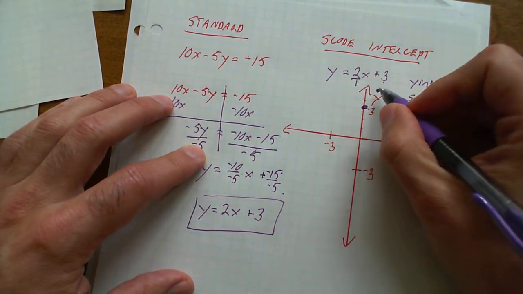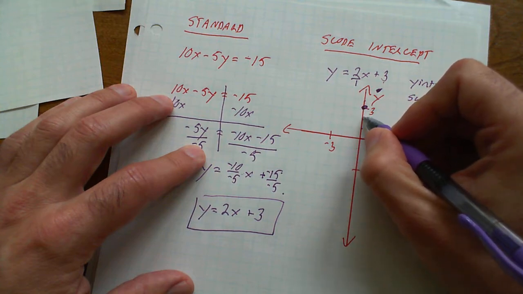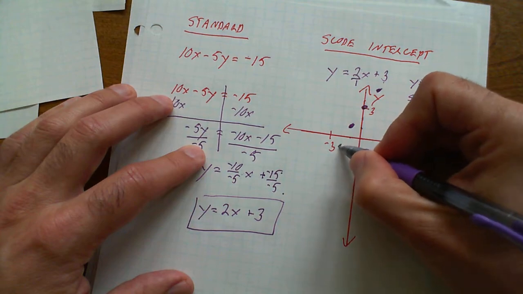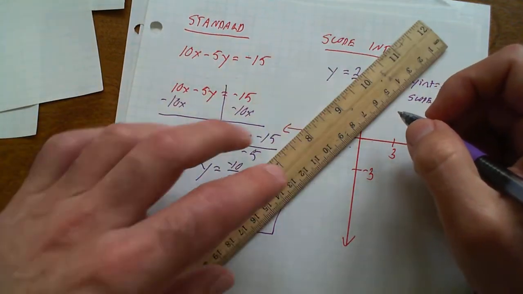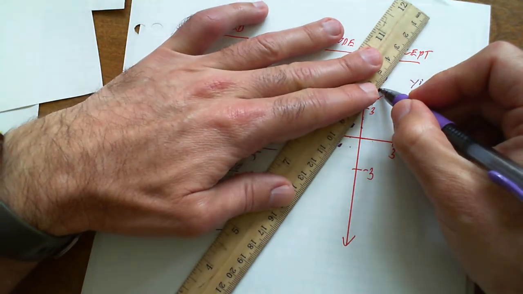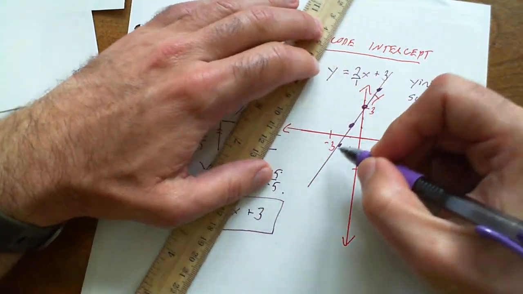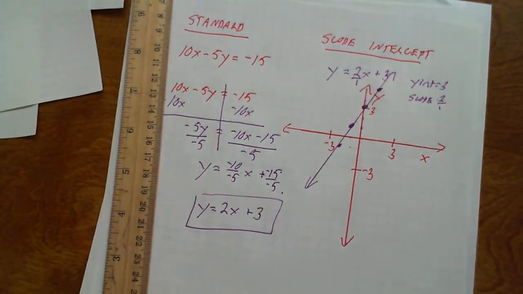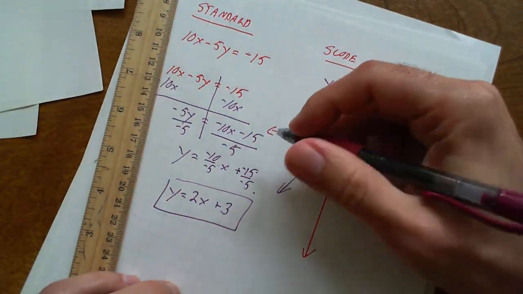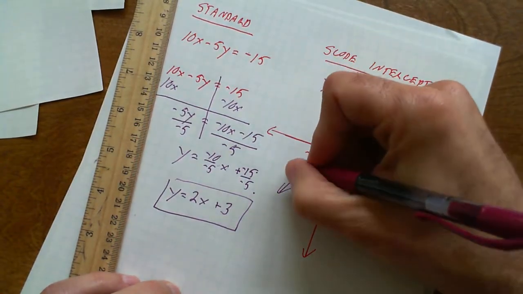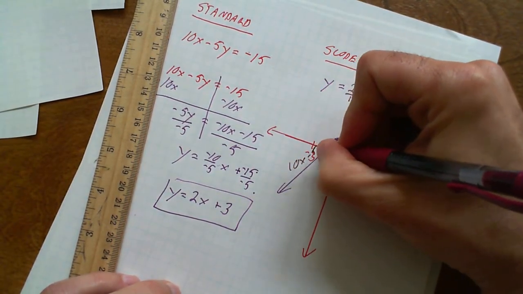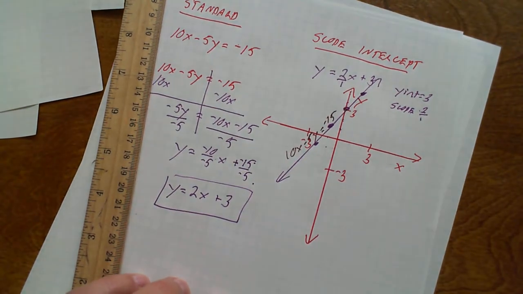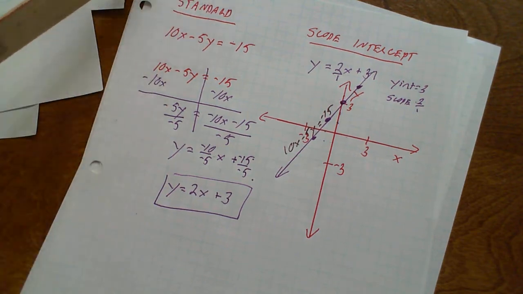Now I could go in this direction, or go backwards 1 and down 2 and get the same line. And then we can connect those. And that will be my line for 10x minus 5y equals negative 15. There you go.